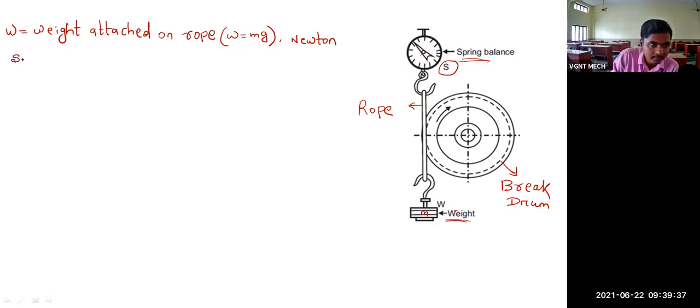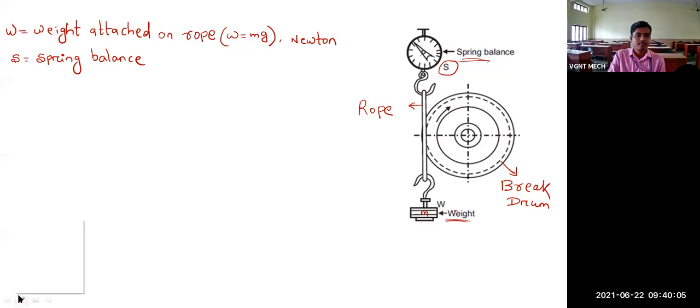So S is nothing but the spring balance reading, and its unit is also Newton. Why is this spring balance reading required?